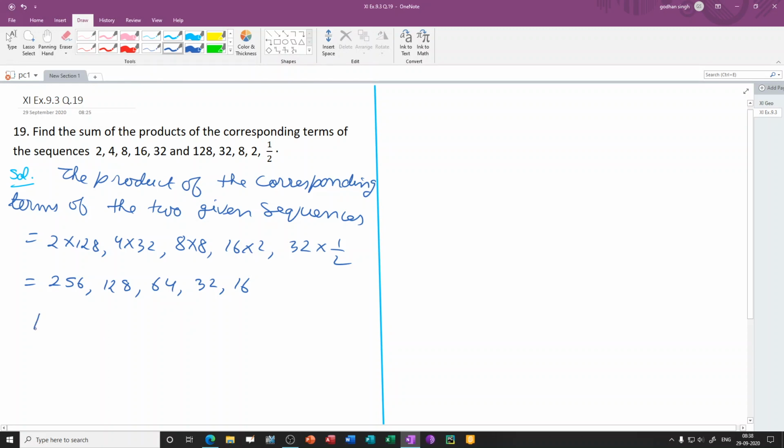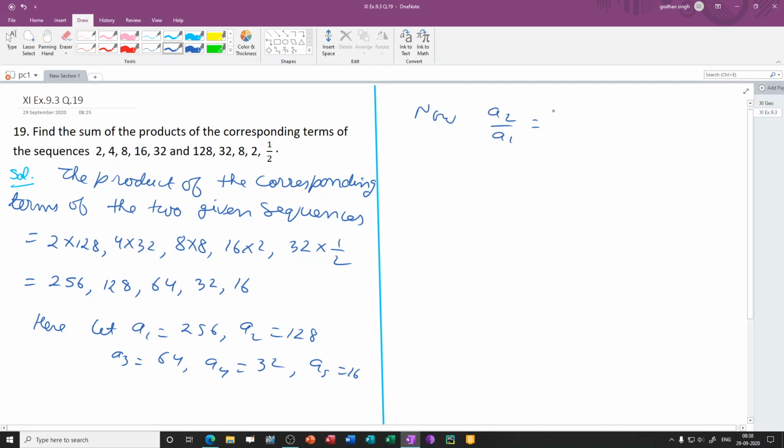Here, let A1 equal 256, A2 equal 128, A3 equal 64, A4 equal 32, A5 equal 16. Now, A2 by A1 is 128 by 256, that is half.